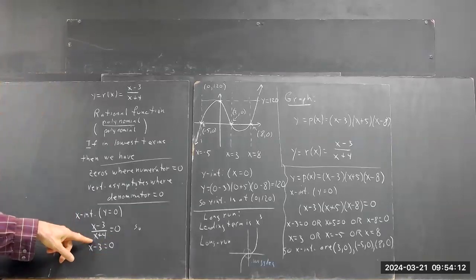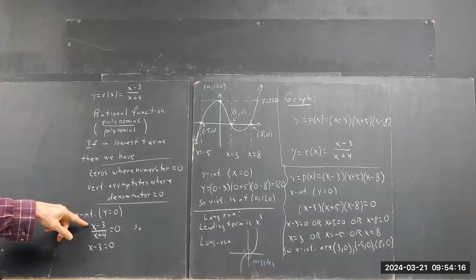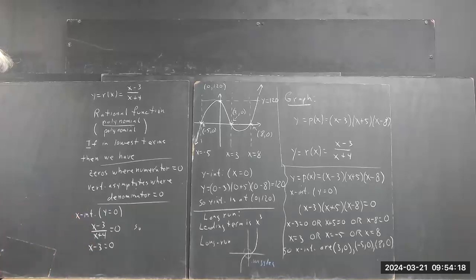Because no matter what the denominator is, if the numerator isn't 0, we're not getting 0. Okay?